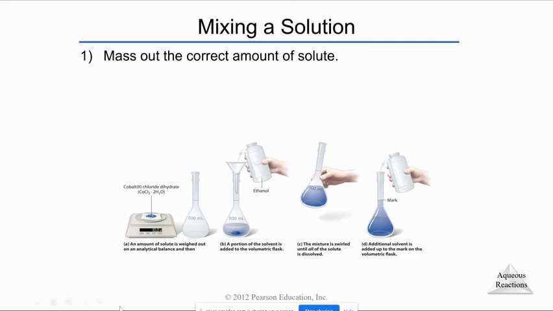So in this particular example down here, we're using cobalt 2 chloride dihydrate, and you can see they've massed out about 10 grams of that particular compound. That part we usually have to calculate to find out what mass we need of our solute. And then they put that in a volumetric flask.